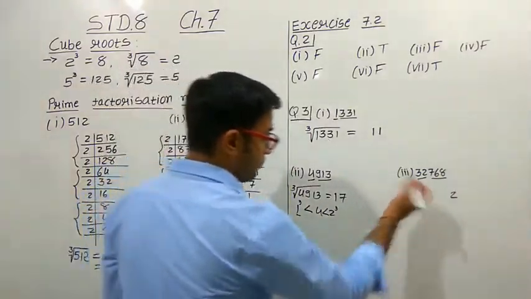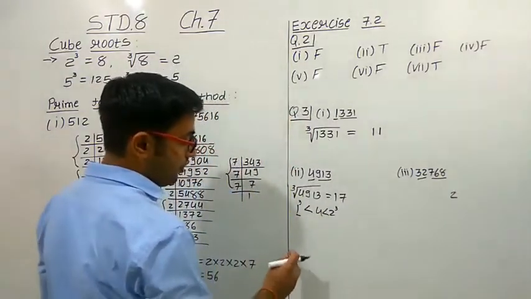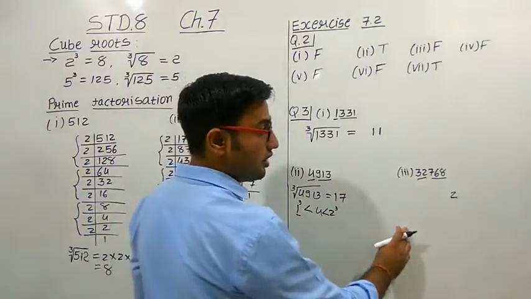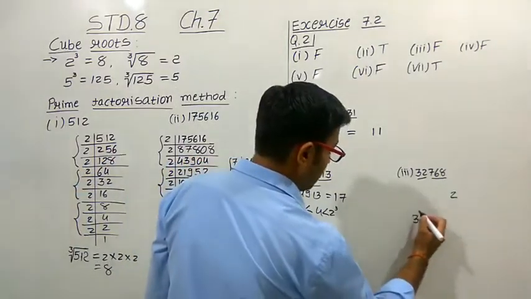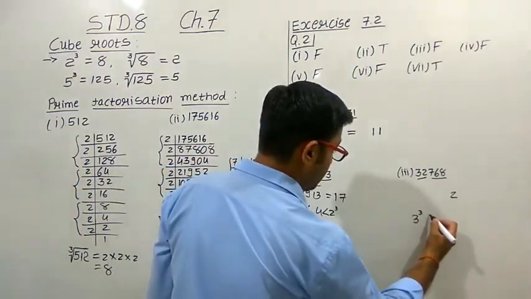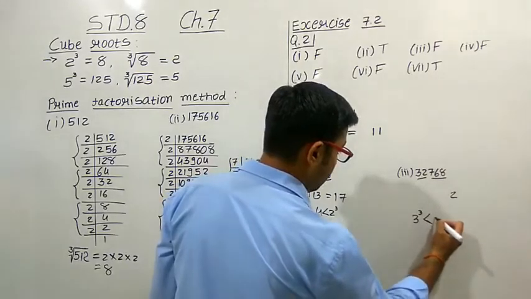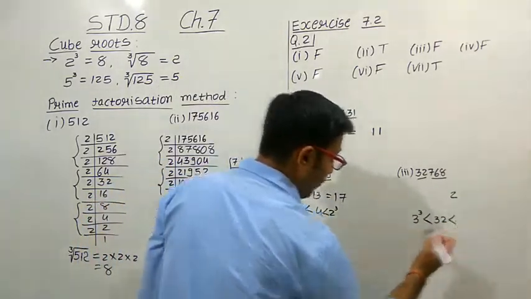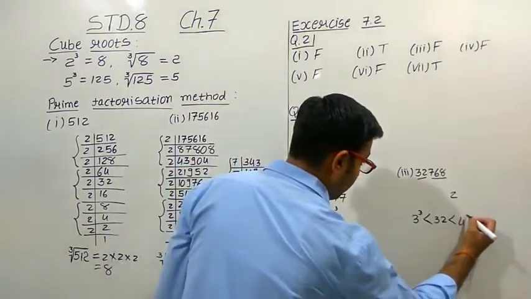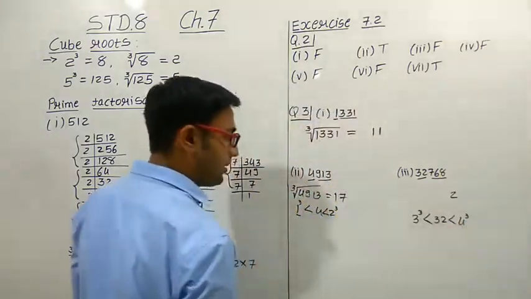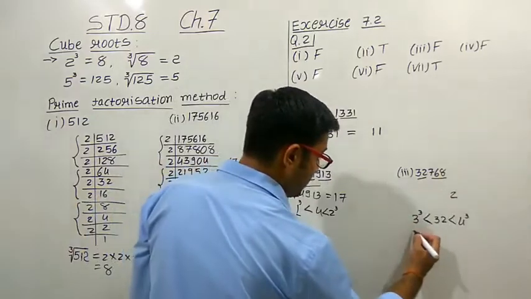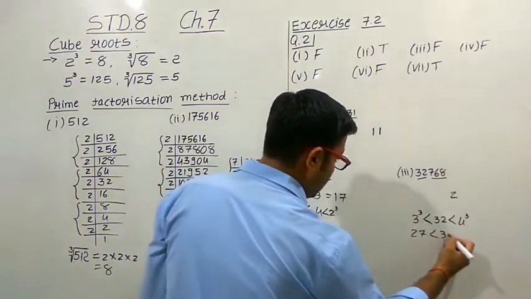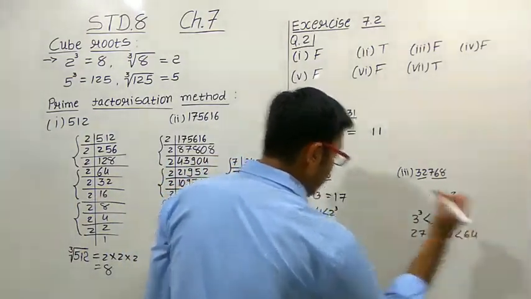Now 32. The cube of 3 is 27. So this number is greater than 27 and less than the cube of 4, that is 64. We can also write it as 27 less than 32 less than 64.